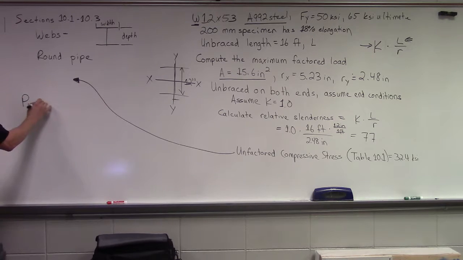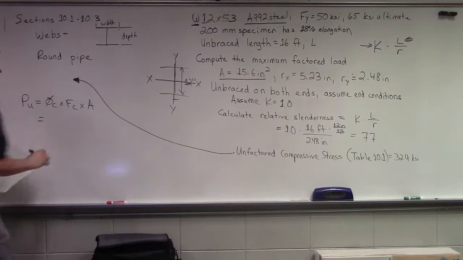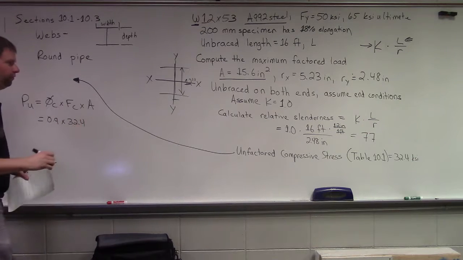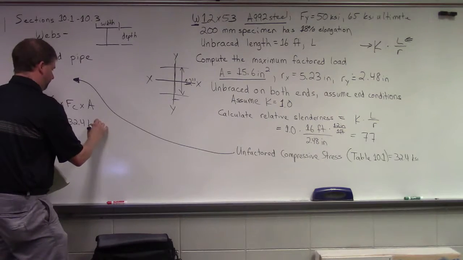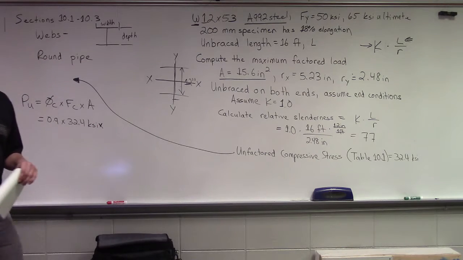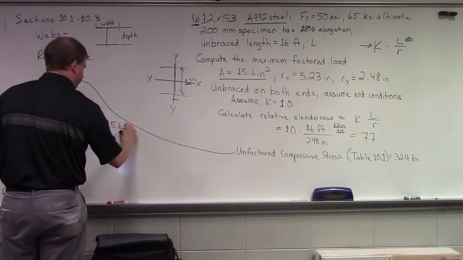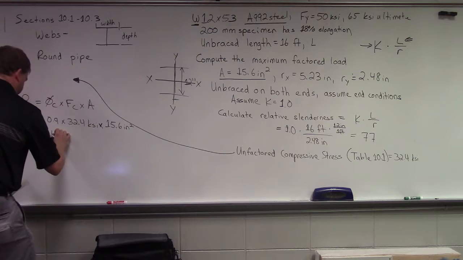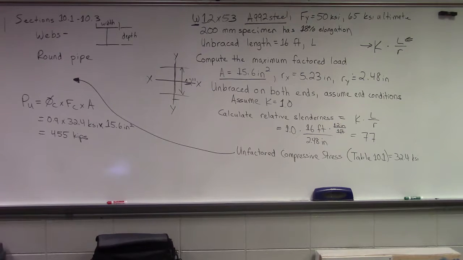So that's where we get to 0.9 times 32.4 ksi times 15.6, our area, 15.6 square inches. That gives 455 kips.